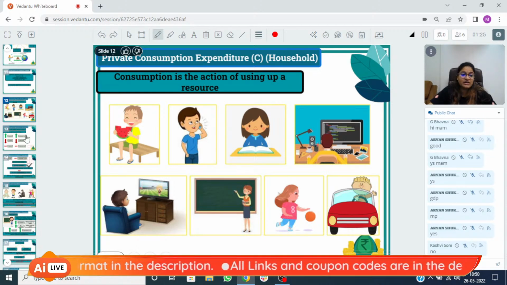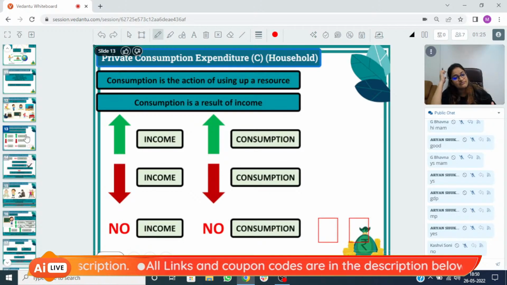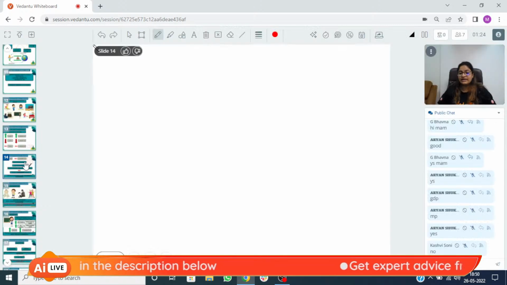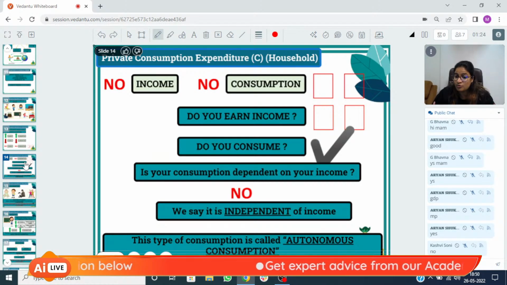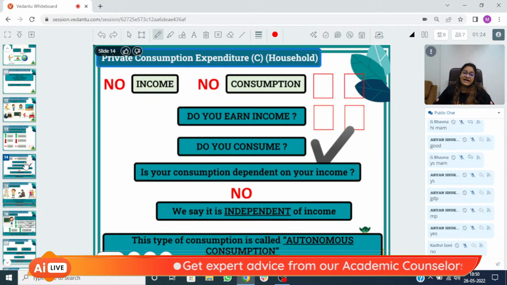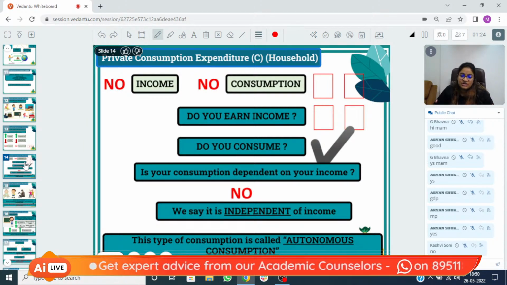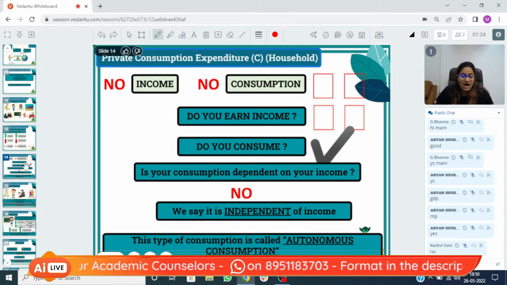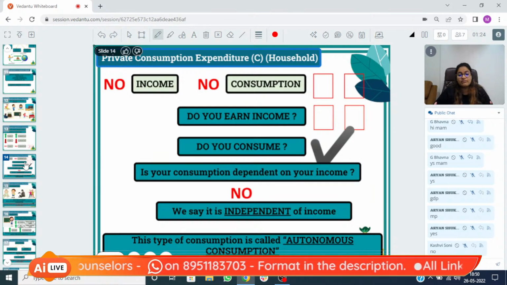No, never. Even if your income is zero, our consumption can never ever be zero. Let's take your example. Do you earn income? No. Do you consume? Yes. So कहाँ से आया ये consumption? Your consumption is independent of income. So how did you get money? Your parents gave you the money.